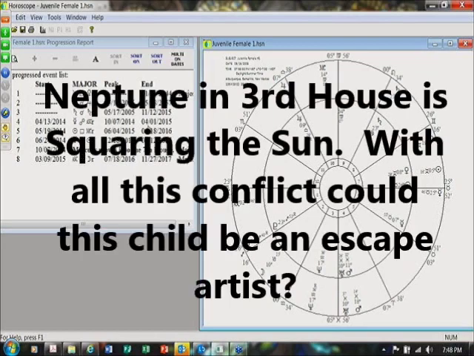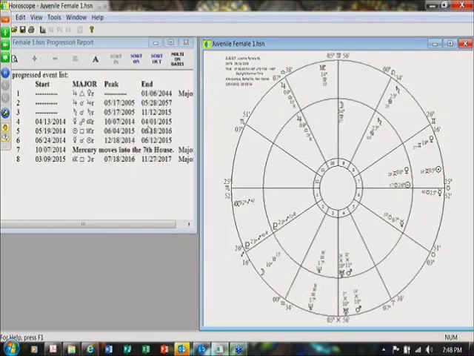Sure. Neptune is squaring the sun, and with all this conflict, could this child be like an escape artist? You know, time will tell. But I would say that is something. Yes, she could have a Houdini quality, and that is something to watch out for.